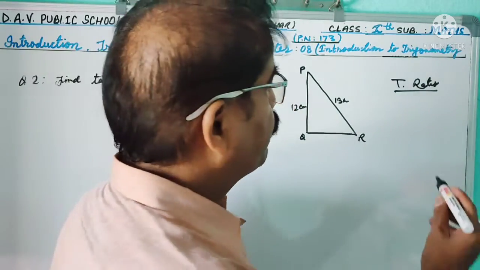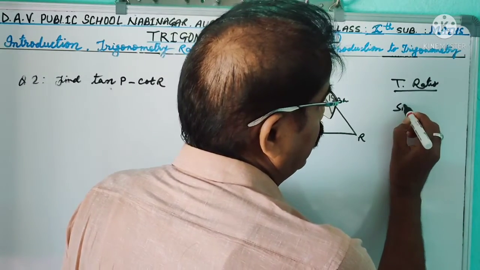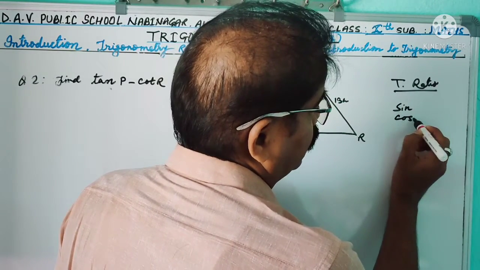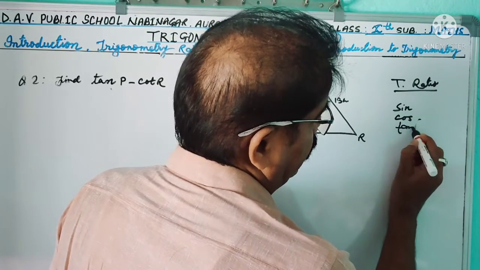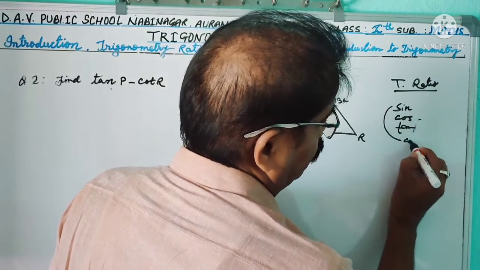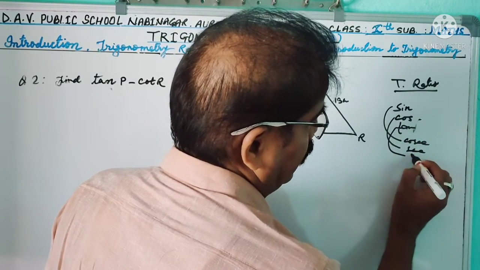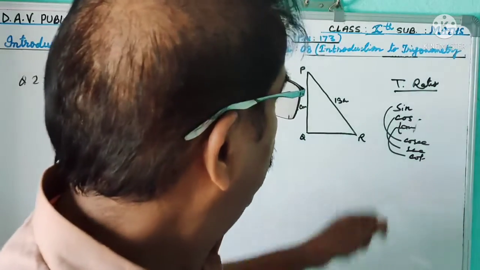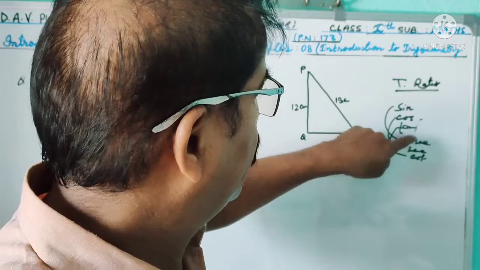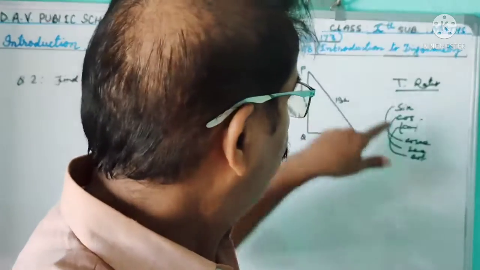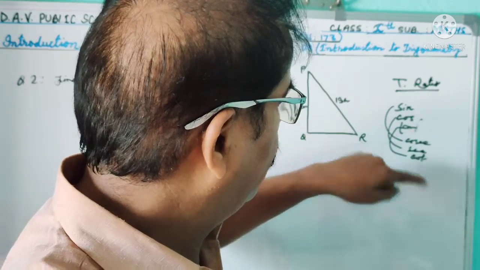There are mainly 6 T ratios: sine, cos, tan and cosec and sec and cot. Mainly six ratios: sine, cosine, tangent, cotangent, secant and cosecant. Opposite of sine, cosec; opposite of cos, sec; opposite to tan, cot.